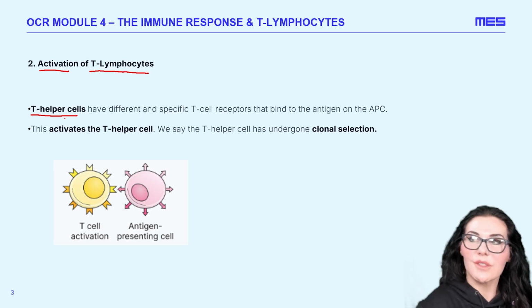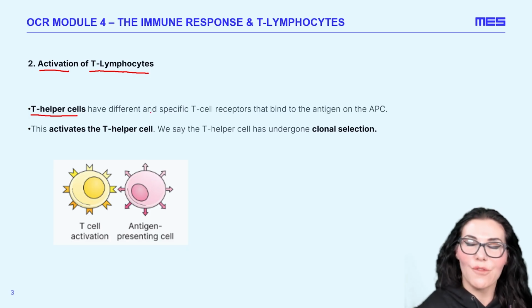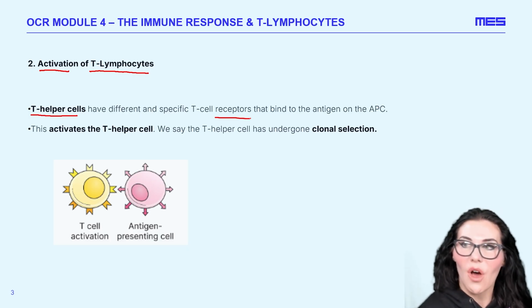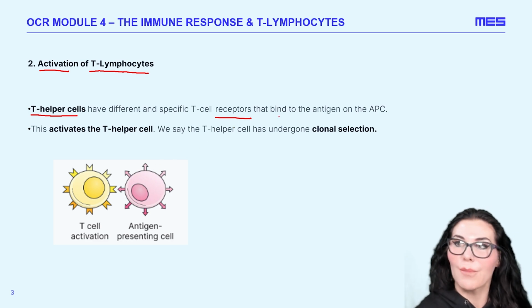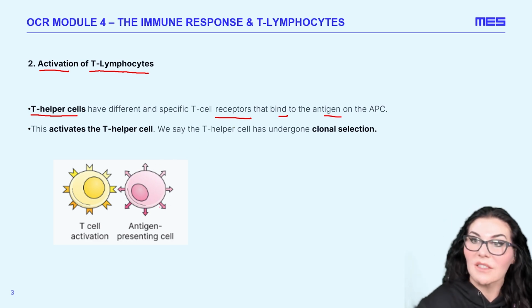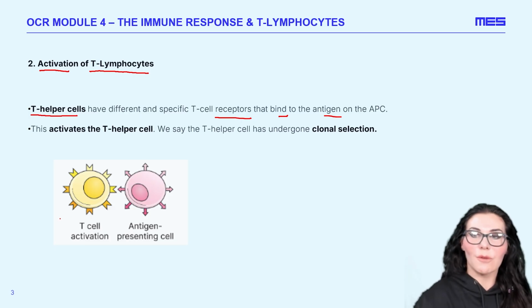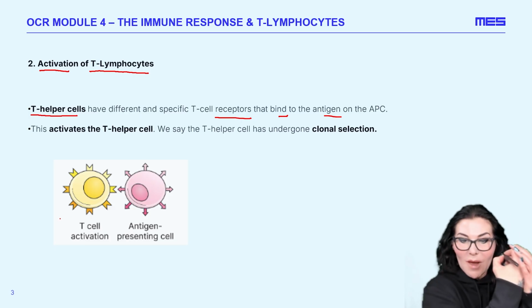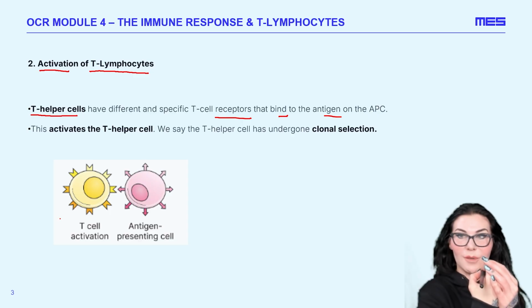The T helper cells that have a specific shaped receptor on their surface are going to bind to that specific antigen being presented. That binding between the T helper cell and the antigen on the antigen presenting cell is an activator.